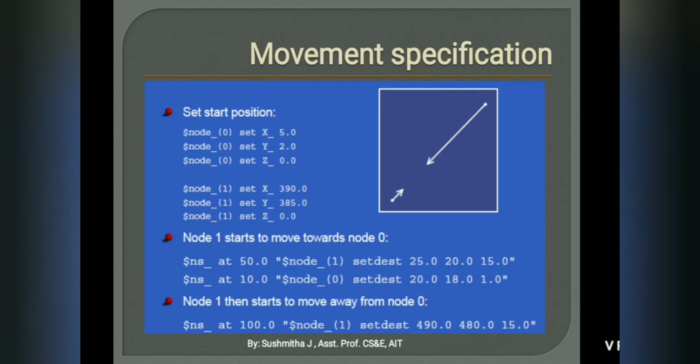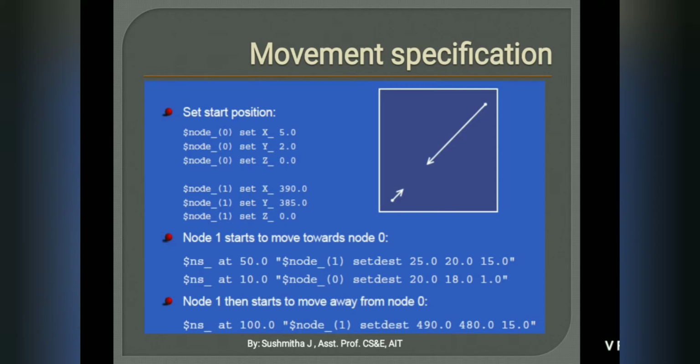The next thing that we have is the movement specification. You specify that the wireless nodes are meant to be mobile. It is not stagnant like your wired connection. In a wired network the node does not move, whereas in a wireless network the nodes are meant to move or mobilize.